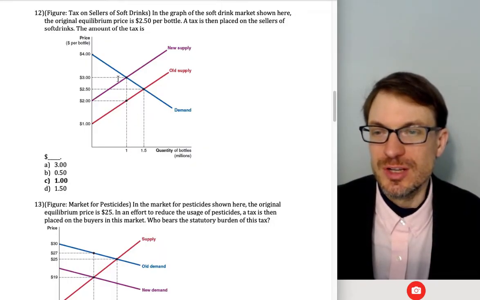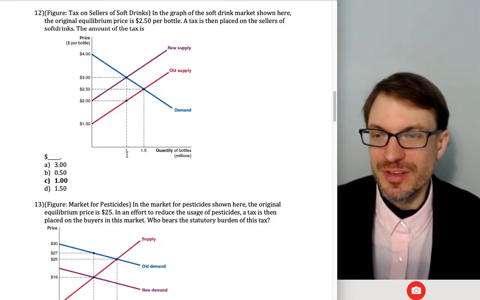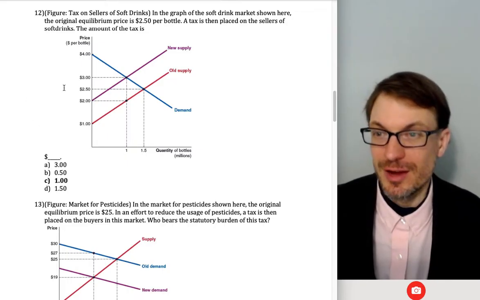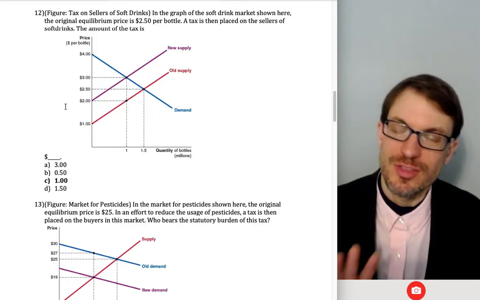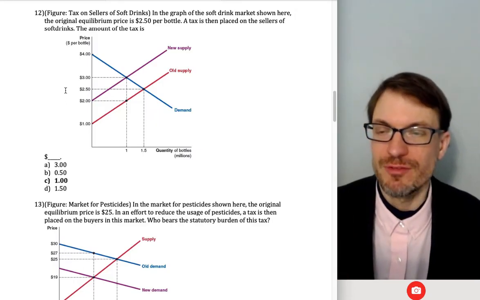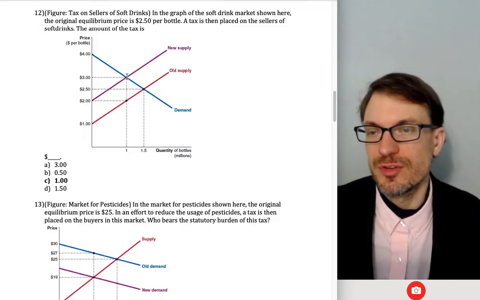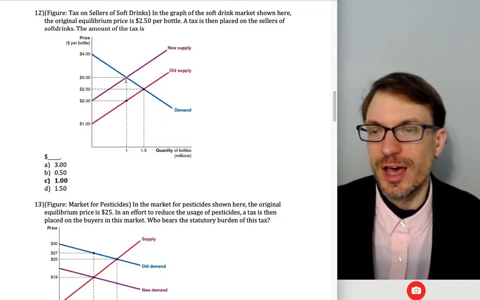We probably need a little more information to tell us specifically we're looking at this quantity, and this is the price paid by buyers, $3, and this is the price received by sellers. If we knew all that information, I think it's reasonable to infer from this graph.